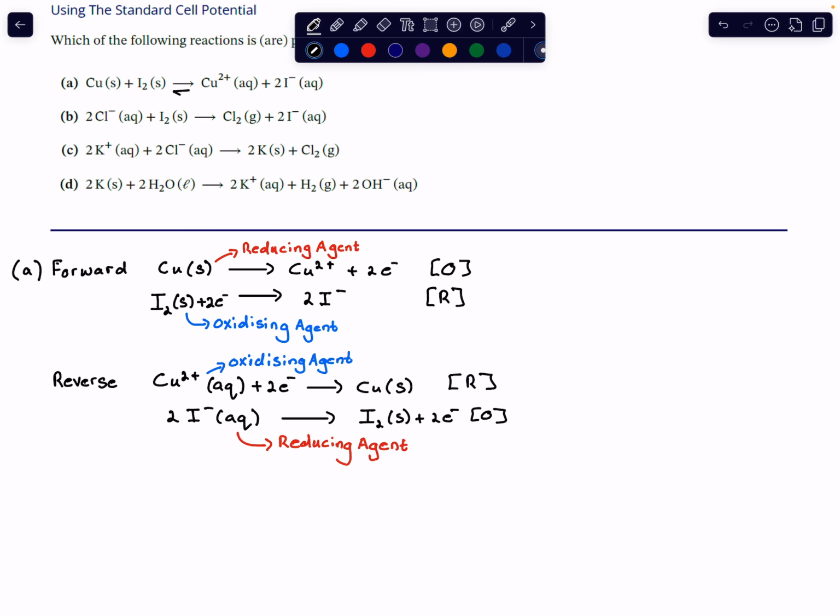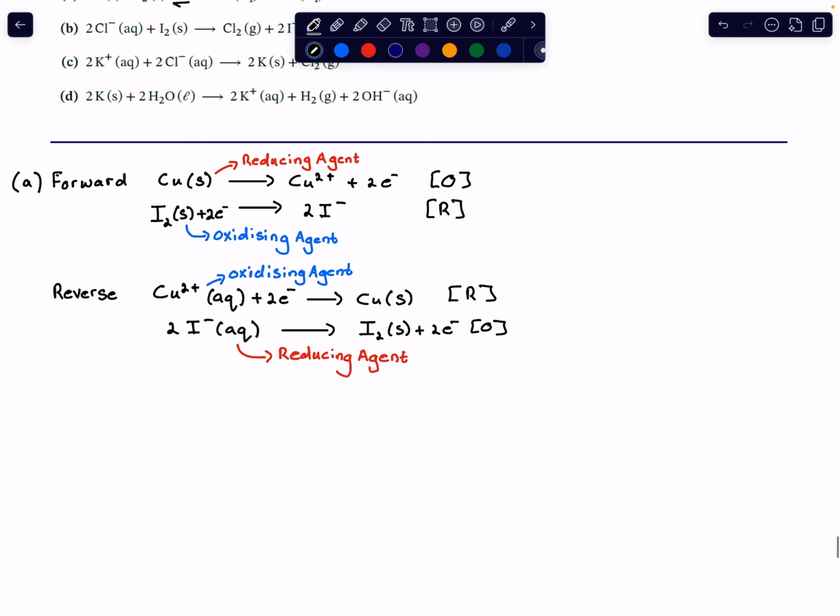So let's compare reducing agents. The reducing agent options that we have: in the forward direction, it would be copper solid, and in the reverse direction, it is I minus.